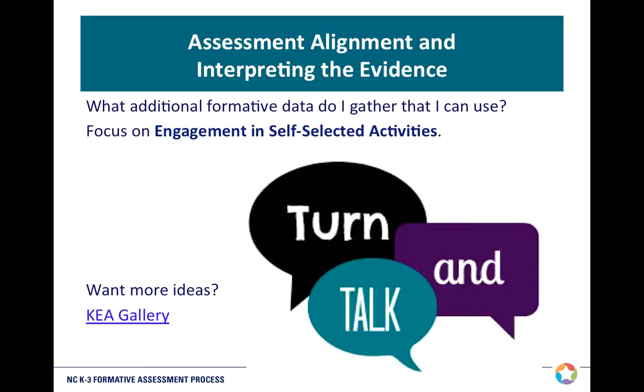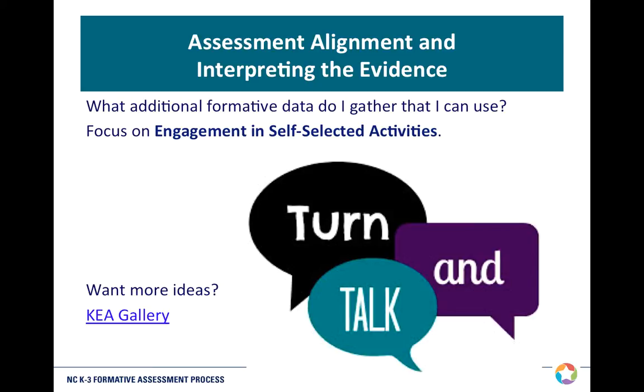So there was one construct progression that we weren't able to match using the formative data that Guilford teachers are already gathering, and that's engagement in self-selected activities. So take a look at that at a glance document that has the construct progression on it for engagement in self-selected activities, and think about, what do you already observe?